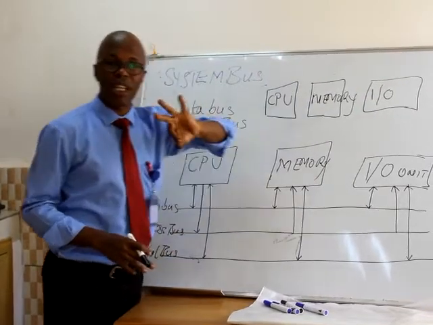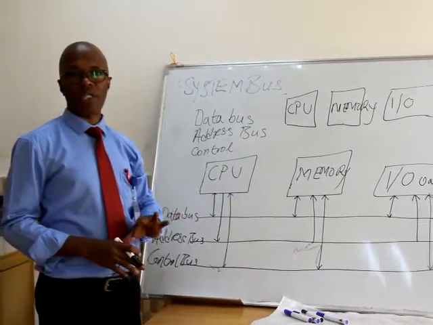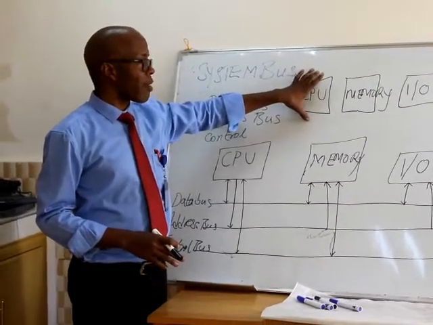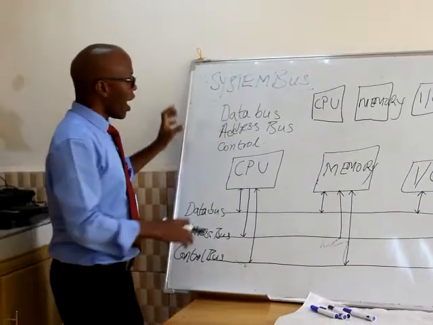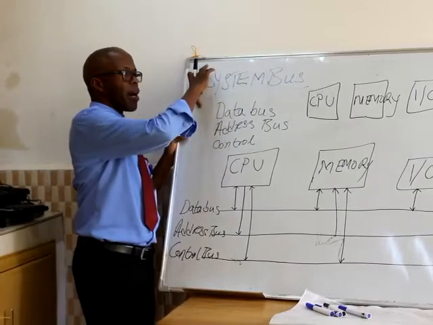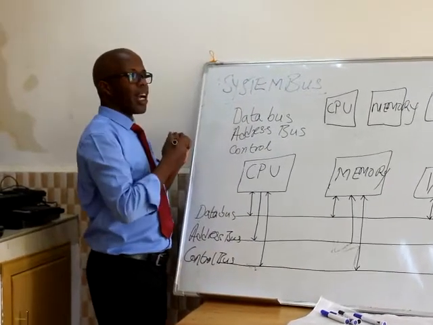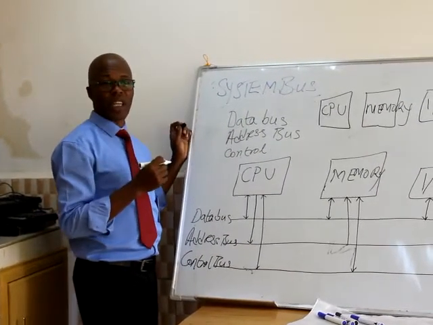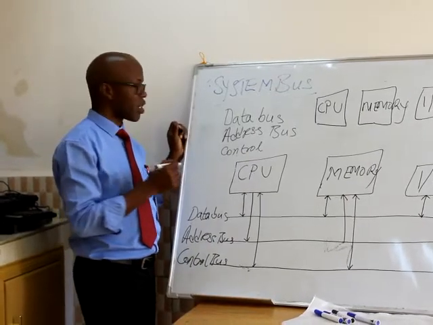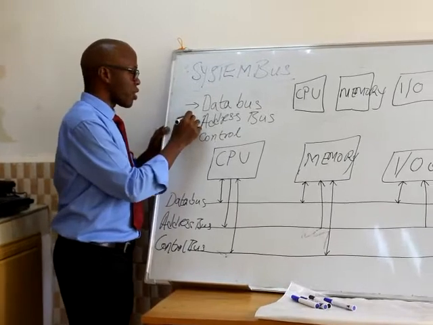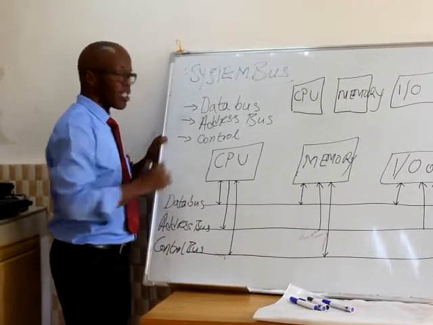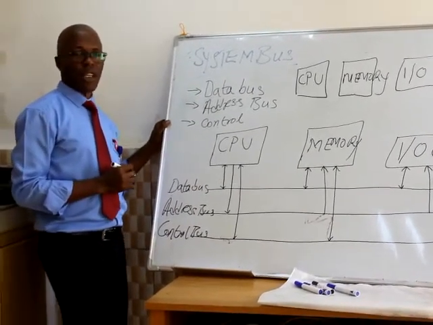And again, in the system bus, there are three different functioning groups, which are the data bus, the address bus, and the control bus.